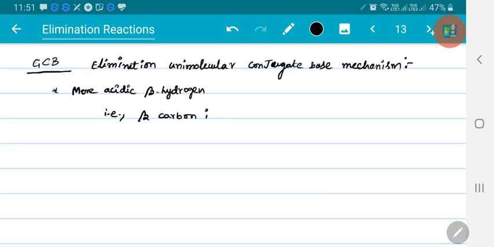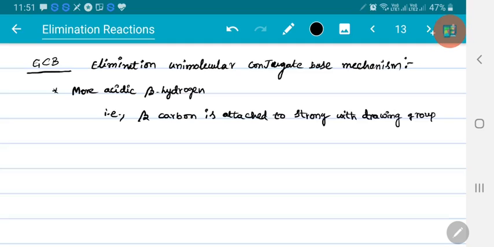So the beta carbon is attached to a strong withdrawing group, or we call it a minus M group or minus I group. So with a strong withdrawing group, there is possibility for the elimination reaction through the conjugate base mechanism, right?